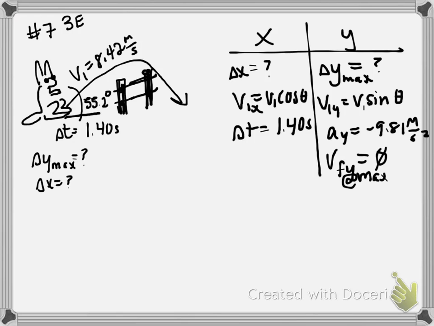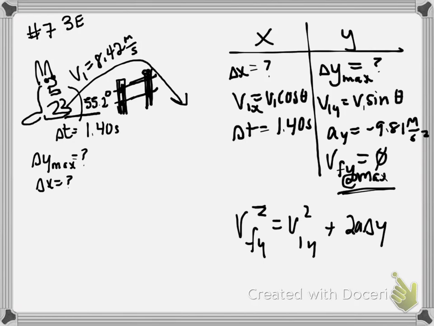So for delta y max, if we had any variable in the world handed to us on a golden platter, we could do this, because, of course, VFY is 0 at that point of maximum height in the jump. So we could do VFY squared equals VIY squared plus 2a delta y.